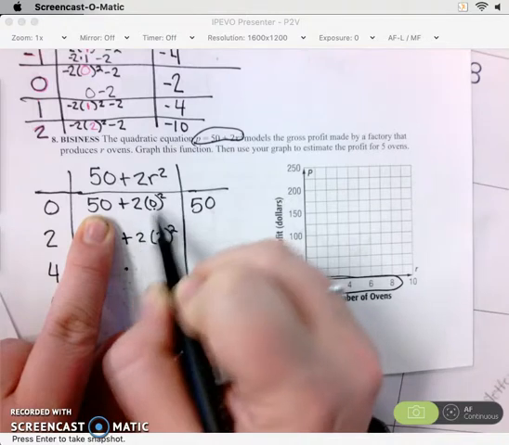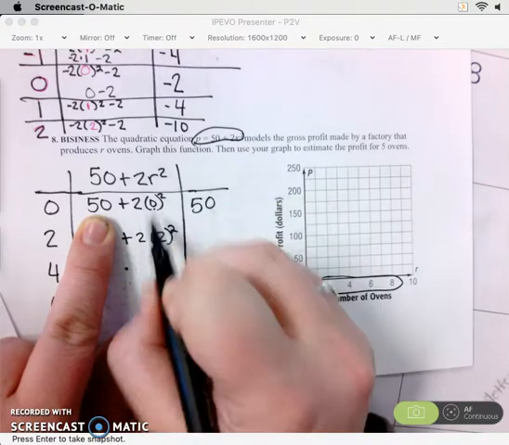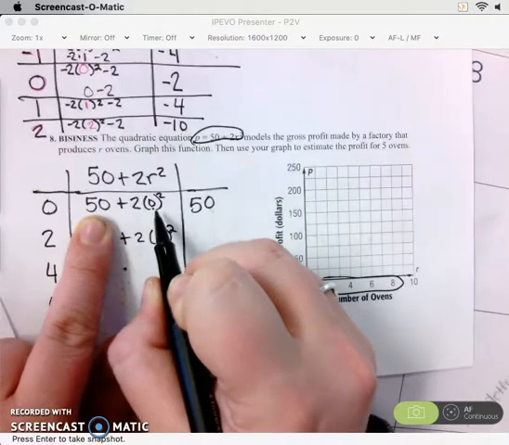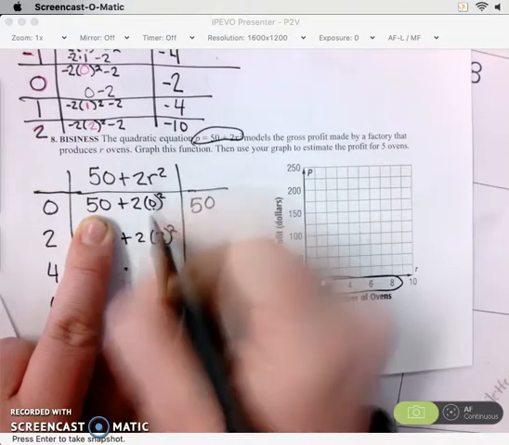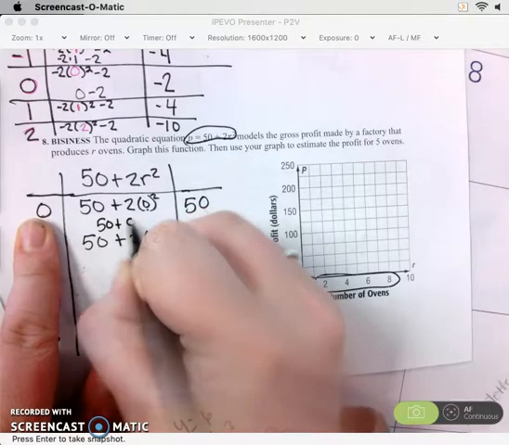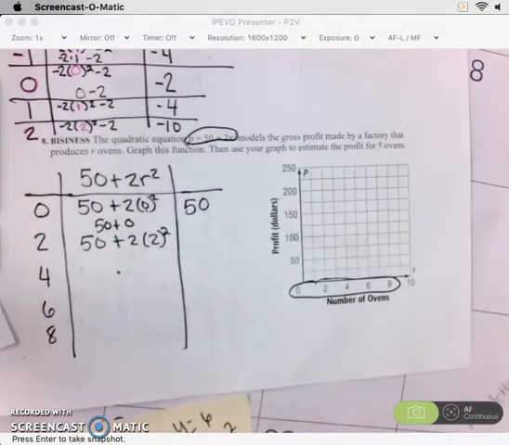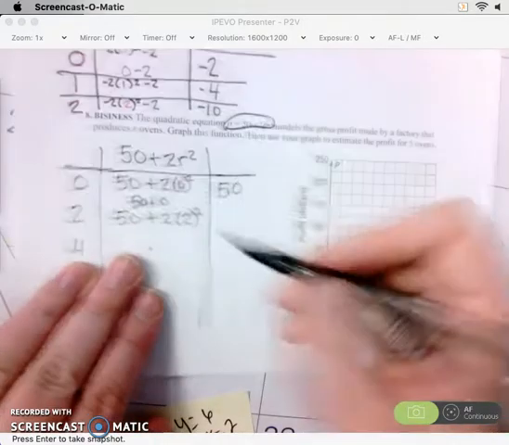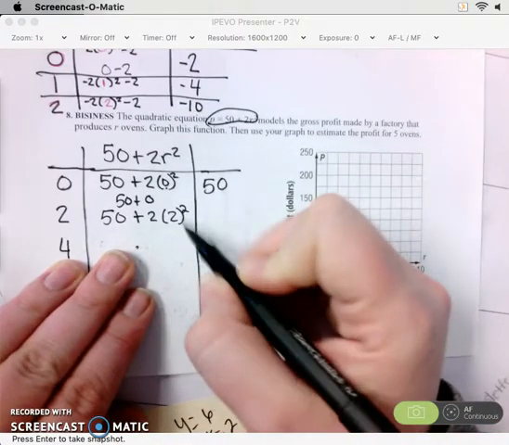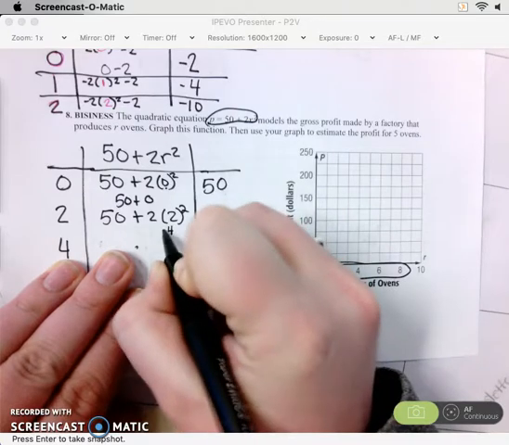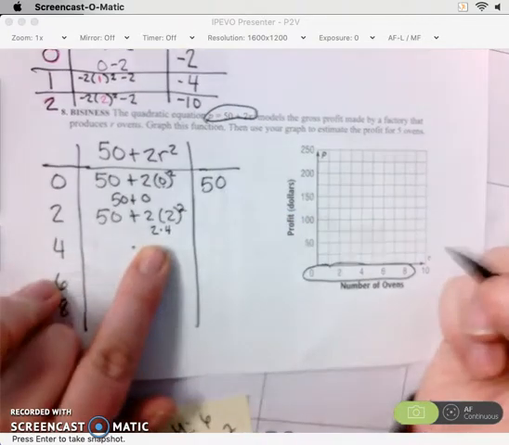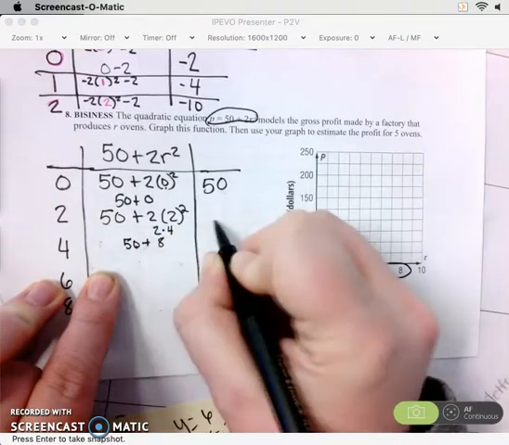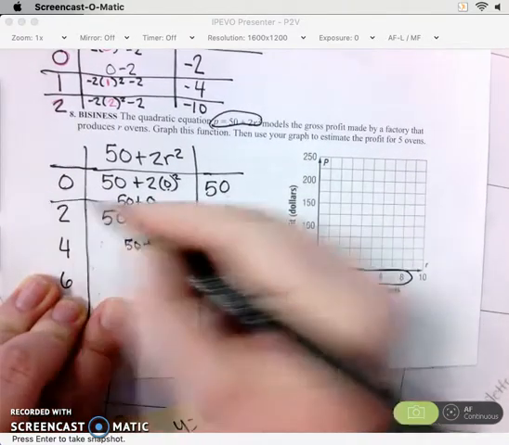You have to do the exponents first, then the multiplication. 0, then times 2 is 0 also. So it's 50 plus 0. Okay, so the next one, 2 times 2 is 4. 4 times 2 is 8. 8 plus 50 is 58.